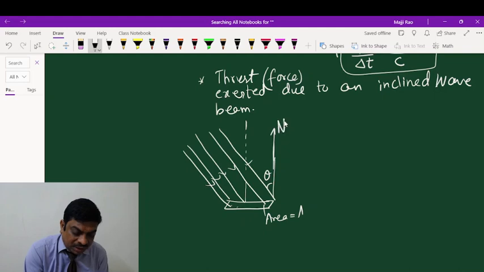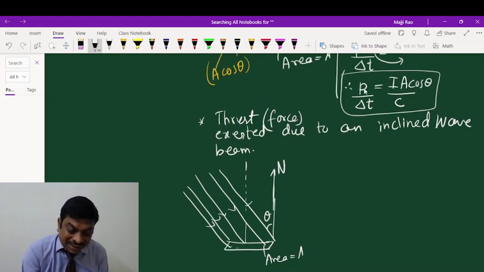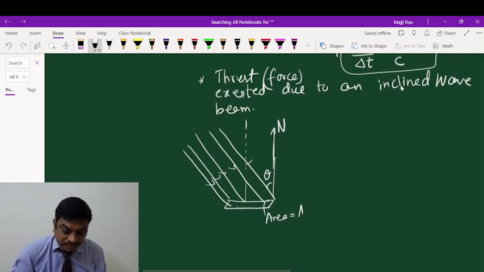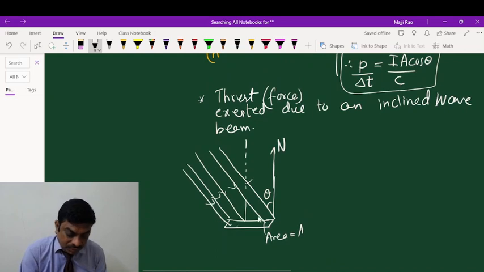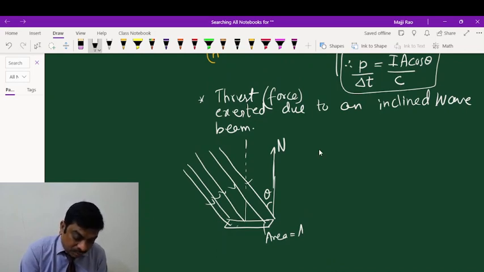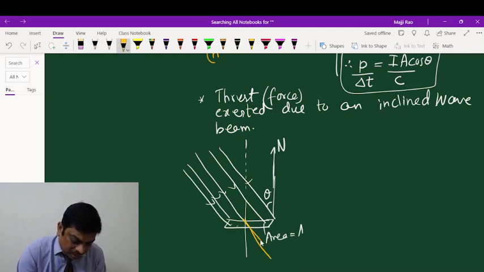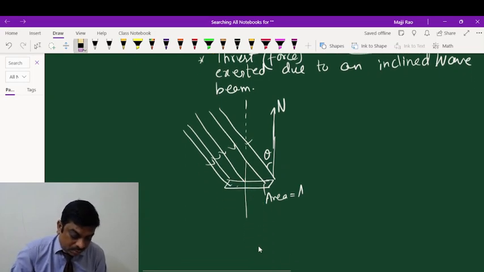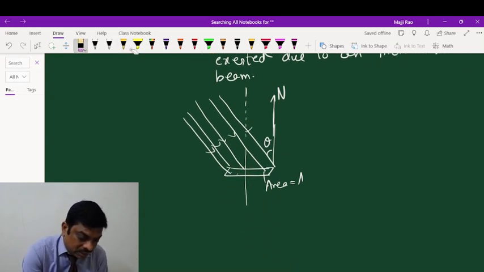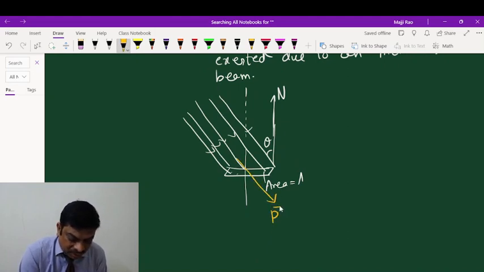Just now we saw the momentum carried by the wave per unit time interval. Also, the momentum has a direction. This is the direction. I draw the direction with yellow color. Okay, students, I hope that is clear. This is the direction of momentum.